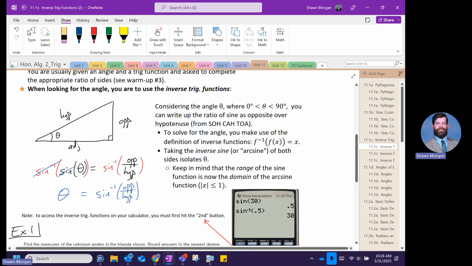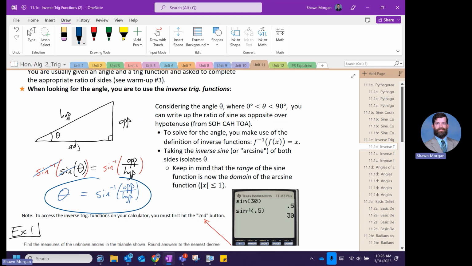So I've gone straight across the front, and we had all these pairs of inverse operations. With this inverse operation, there is a domain restriction and a range restriction. Just like you're not allowed to take the square root of a negative number, or the log of 0, your inverse sine function is restricted. That opposite over hypotenuse has to be less than or equal to 1.